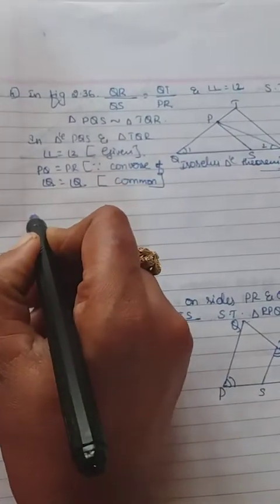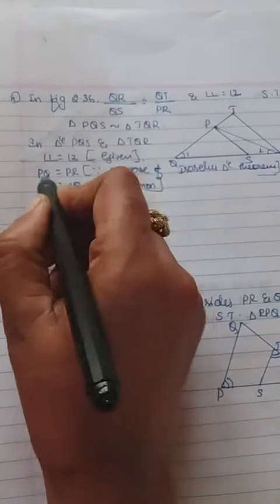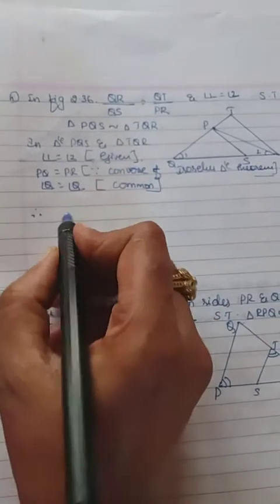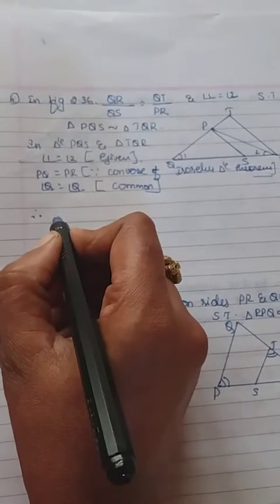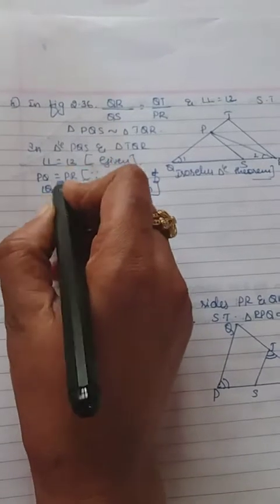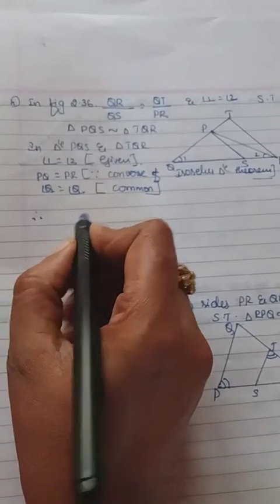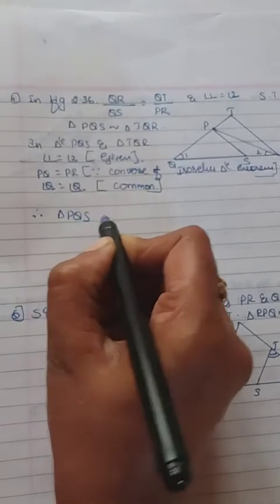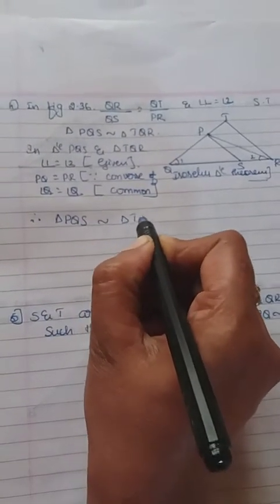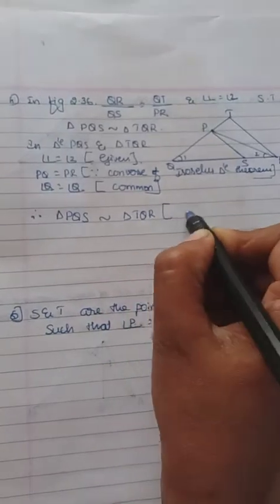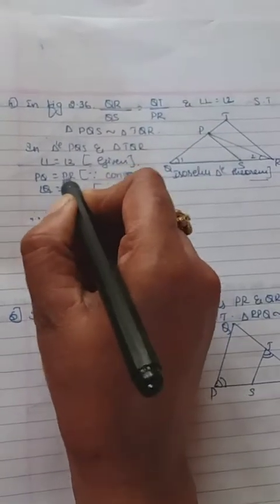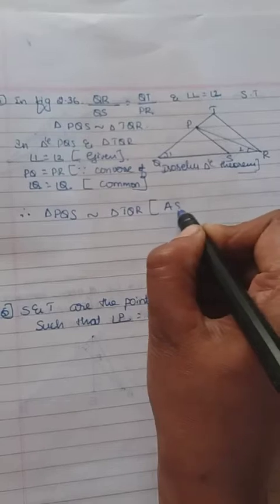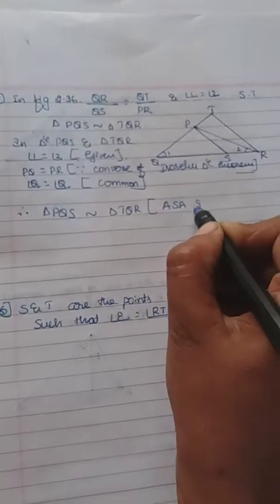So according to the ASA similarity criteria, two angles and one side, we can say triangle PQS is congruent to triangle TQR. Which criteria is it? Two angles and one side, that is the ASA criteria.